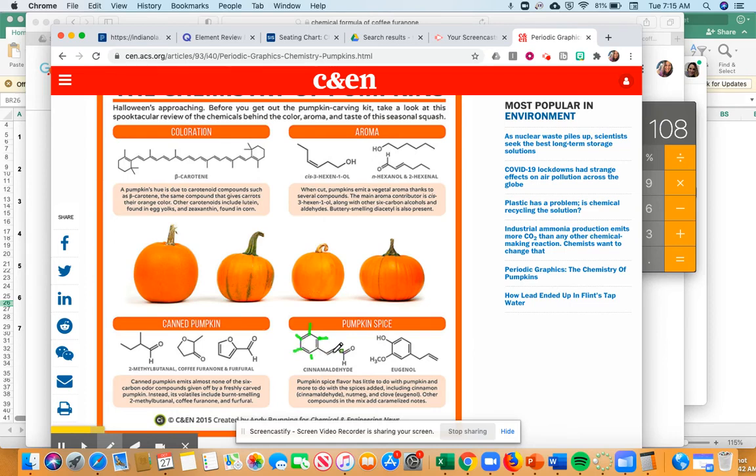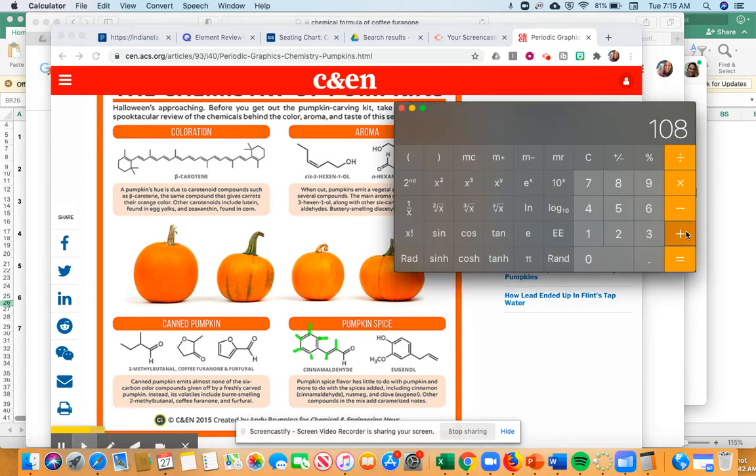This carbon has 1, 2, 3, needs 1. 1, 2, 3 needs 1. 1, 2, 3, we've already seen 1 coming off of there, and we're good. So on this, we've got 1, 2, 3, 4, 5, 6, 7, 8 of the hydrogen. So plus 8 hydrogen. We're going to come back to this and add 8 hydrogen on. And then we've got 1 oxygen. So 132 grams per mole for our cinnamaldehyde.